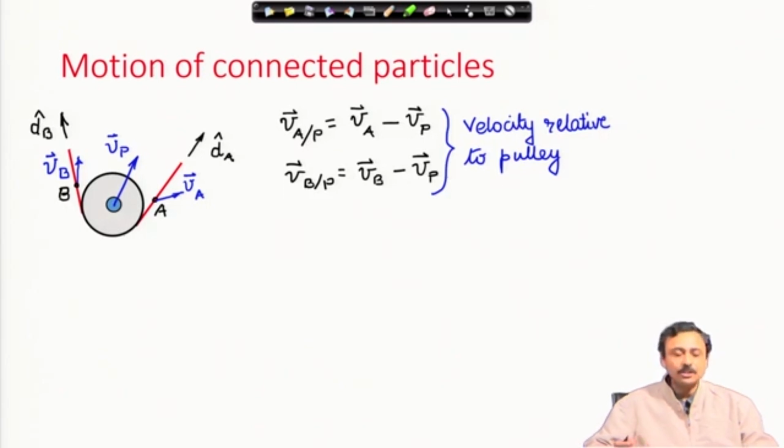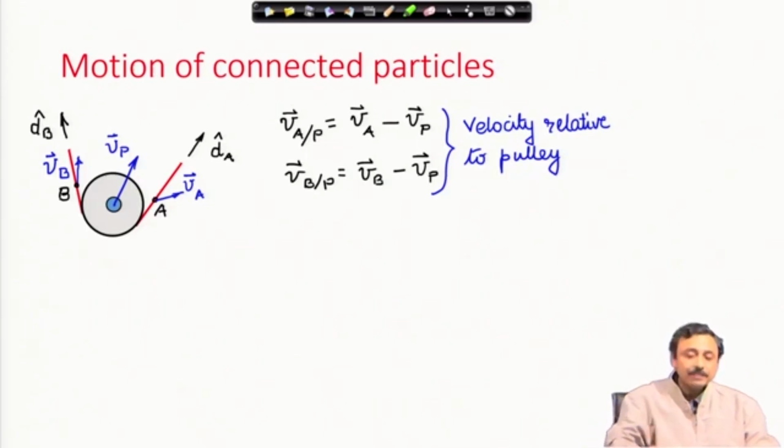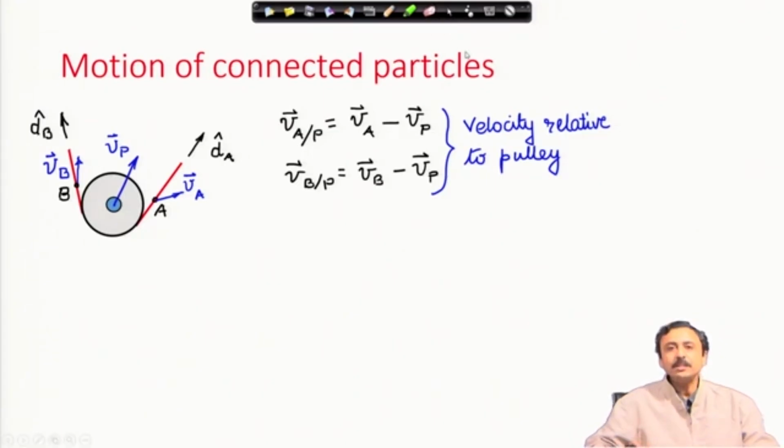So, these are relative velocities of these 2 points. These relative velocities by themselves can be arbitrary, because you remember that this can unwrap. So, you can have these normal components as well.